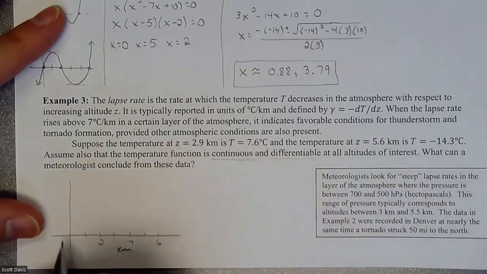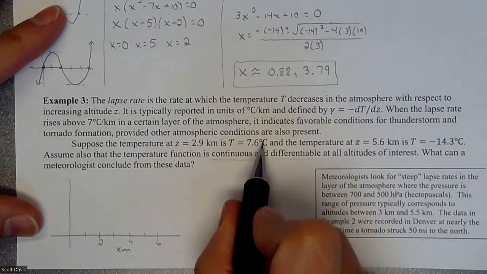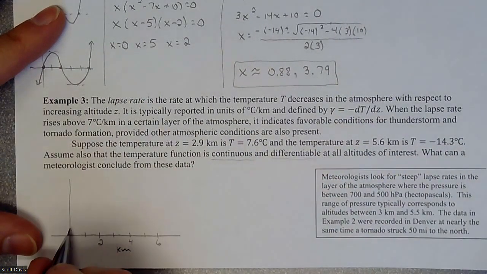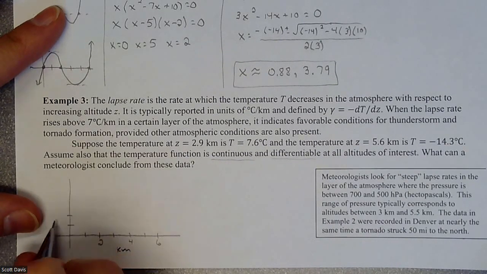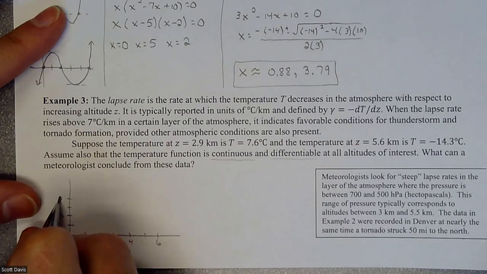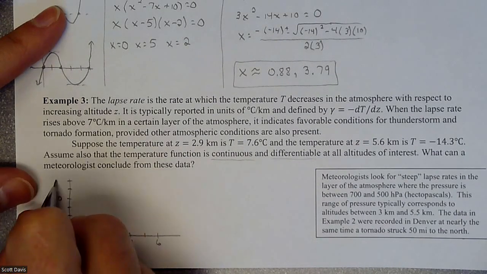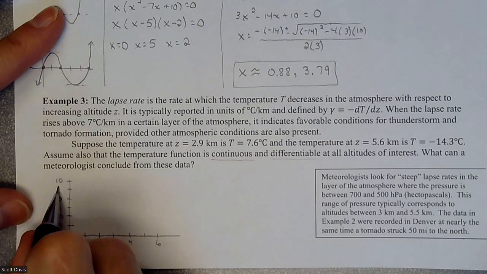Okay. And then our temperature, we have 7.6 and a negative 14. So let's say we'll go by 5s. So we'll make that a negative 10. That's a 0. And that's a 10. So we're looking at a negative 15, negative 5, 5.